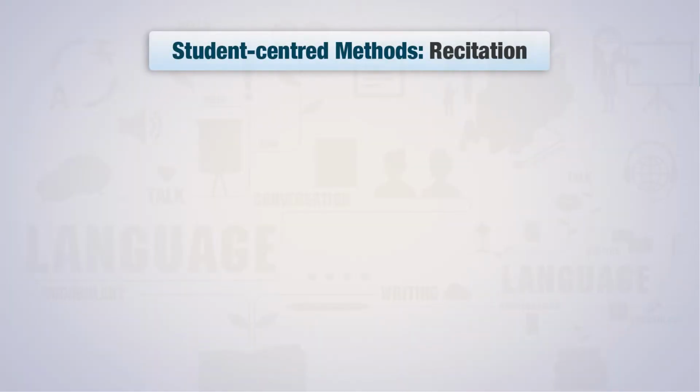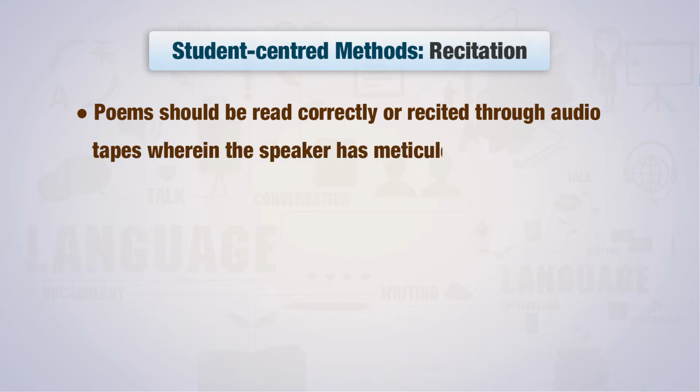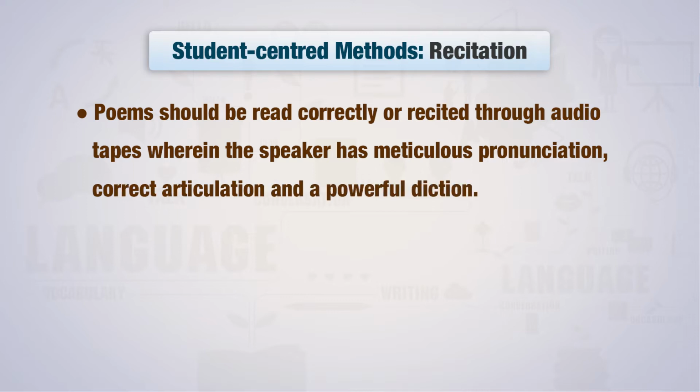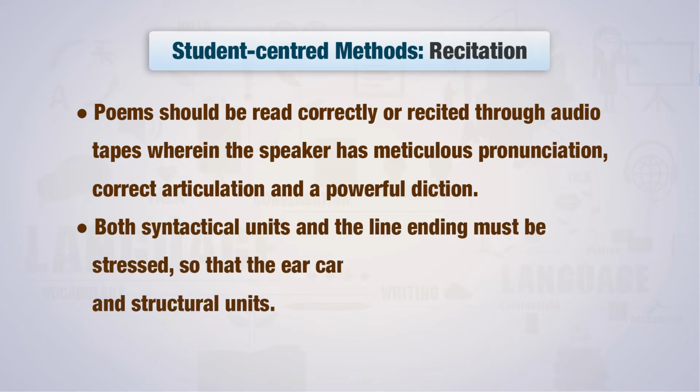The technique of recitation is what comes after memorization. Poems should be read correctly or recited through audio tapes wherein the speaker has meticulous pronunciation, correct articulation, and a powerful diction. Both syntactical units and the line ending must be stressed so that the ear can distinguish between syntactic and structural units.